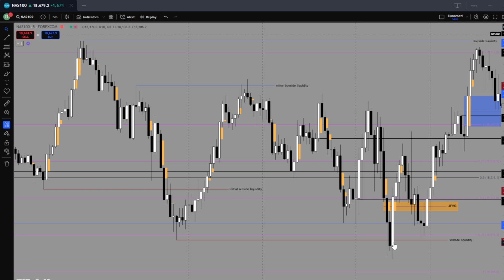Retail tries to chase price on the breakout and breakdown, and there are several other things they do, but basically retail is always chasing the price. Wherever price is going, they have no idea what's going to happen next. They just try to chase that move.